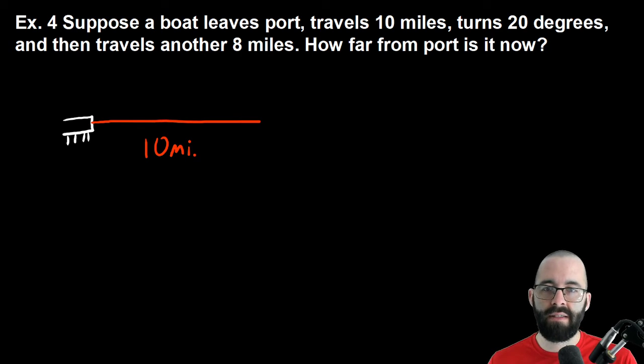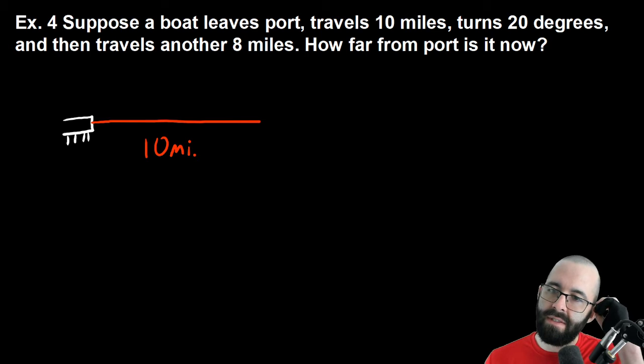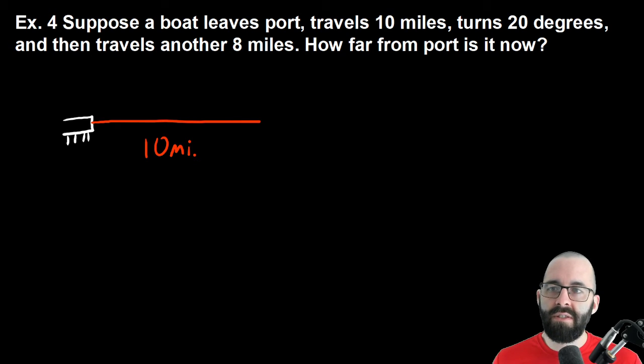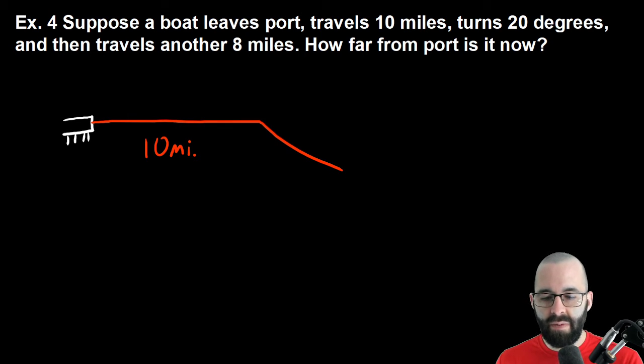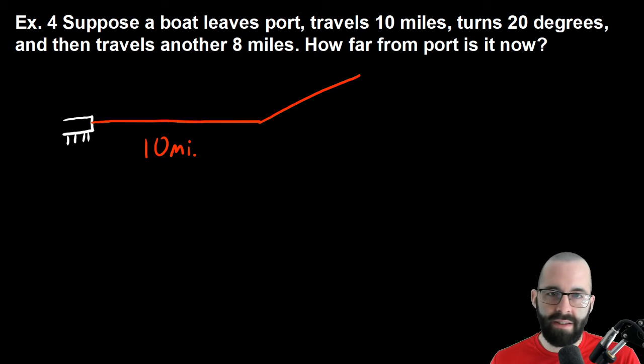Doesn't matter what direction it travels, actually, for the purposes of this problem. You could have it go in any direction. Draw some pictures to see why that's the case. It turns 20 degrees, and again, it could either turn 20 degrees up or 20 degrees down. It doesn't matter. Say it turns 20 degrees up. Then travels for another 8 miles.